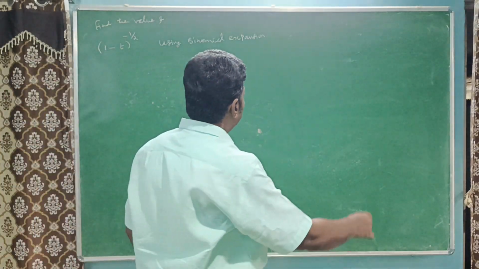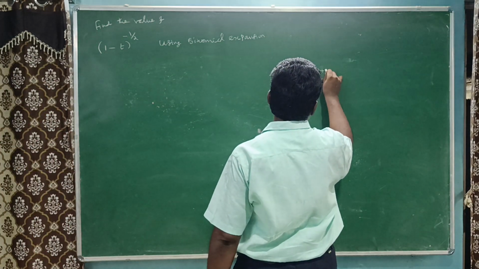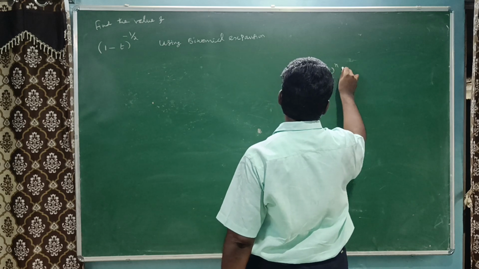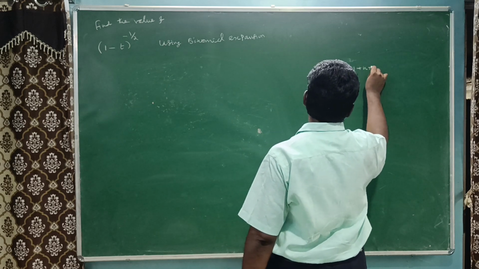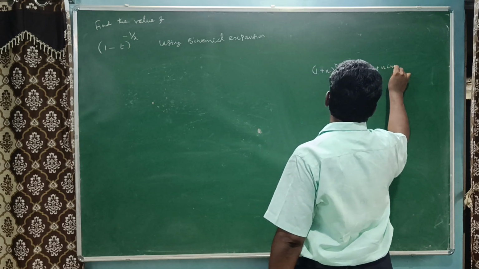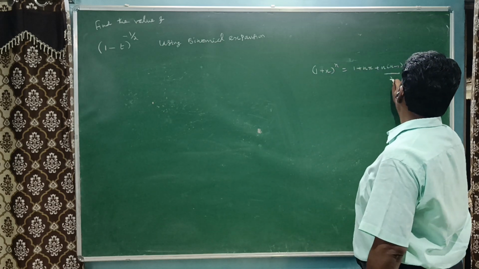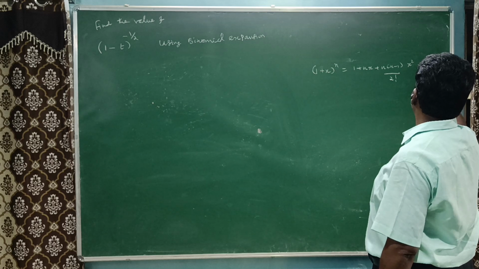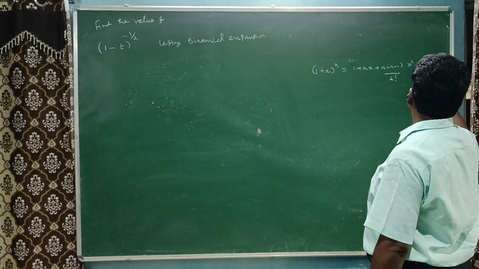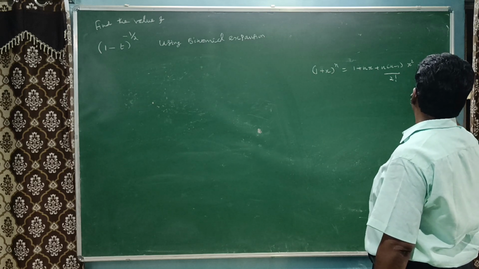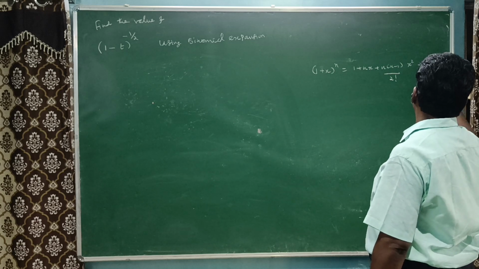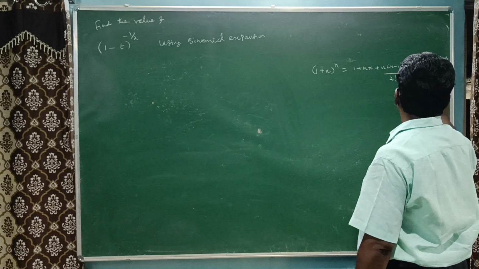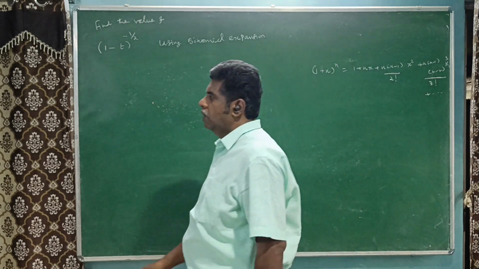You know the expansion formula: (1 plus x) to the power n equals 1 plus nx plus n(n minus 1) by 2 factorial x squared plus n(n minus 1)(n minus 2) divided by 3 factorial x cubed, and so on. The series is going on.